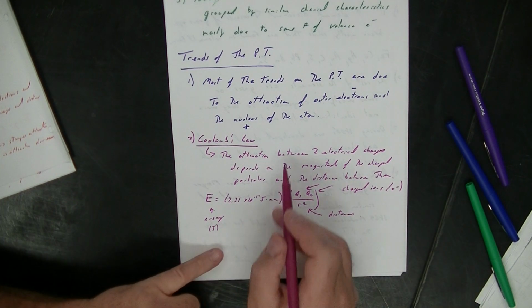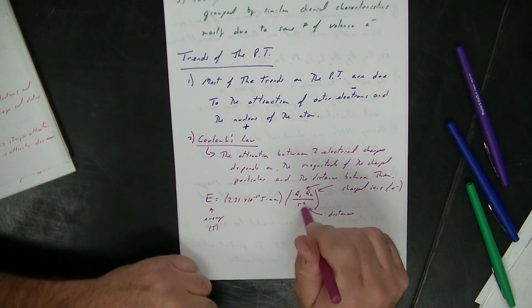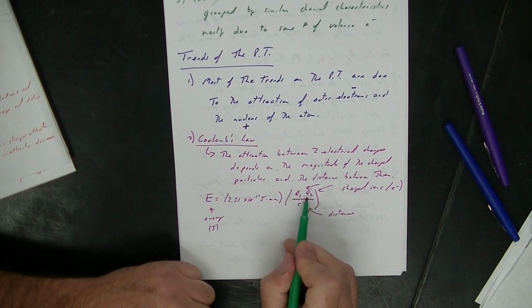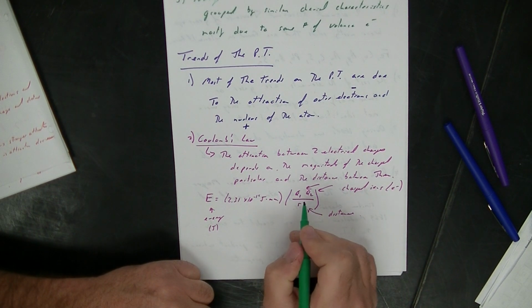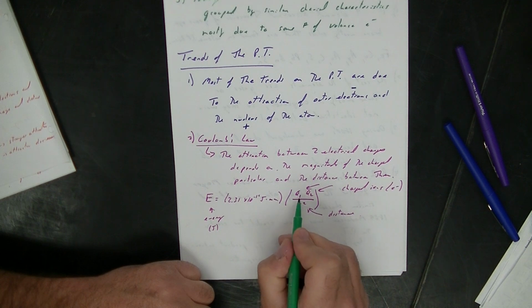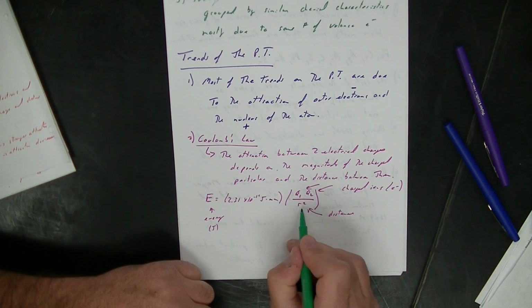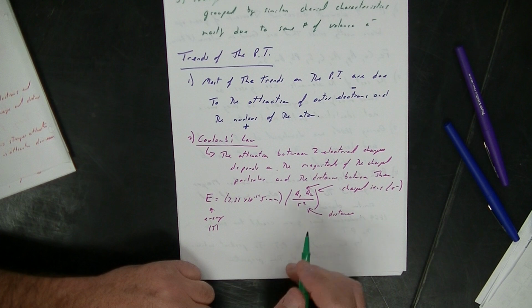So when we're talking about Coulomb's law, what we're really talking about is this relationship here. The Q's are magnitude. So in an atom, we're talking about the charge of the protons, the charge of the electrons, and then the distance between them. So there are two things going on.